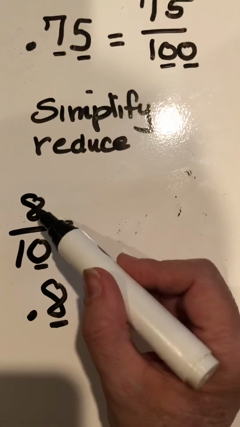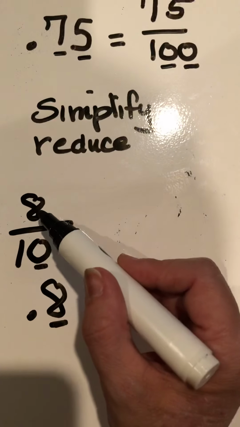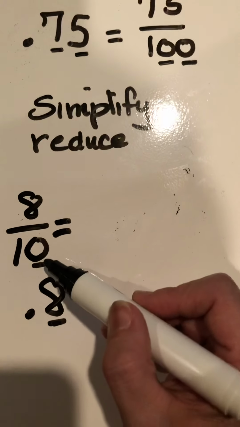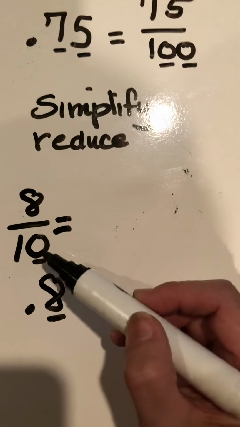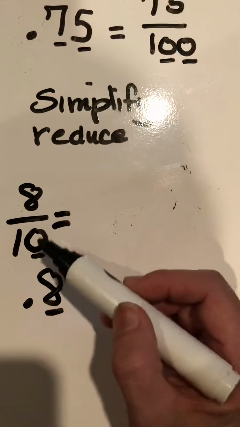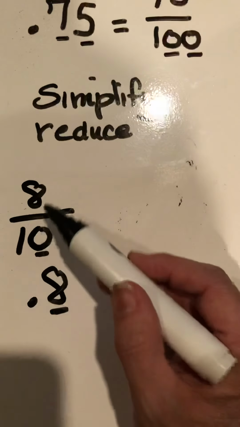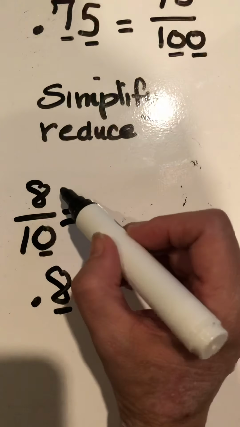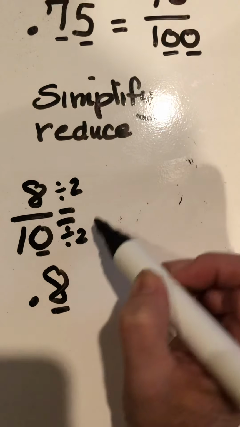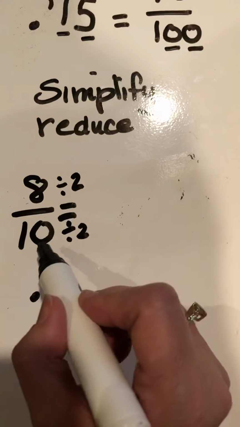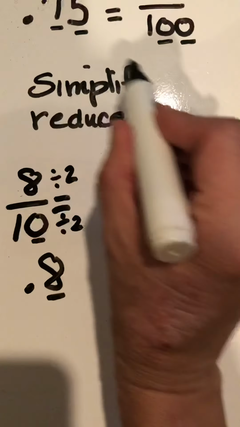And I think, what's the highest number that can go into 8 that can also go into 10? Well, 2 can, but 4 can also go into 8, but it can't go into 10. So it looks like 2 is the largest number. So I'm going to divide by 2 and divide by 2. Remember, whatever you do to the top, you do to the bottom, because we're going to simplify.